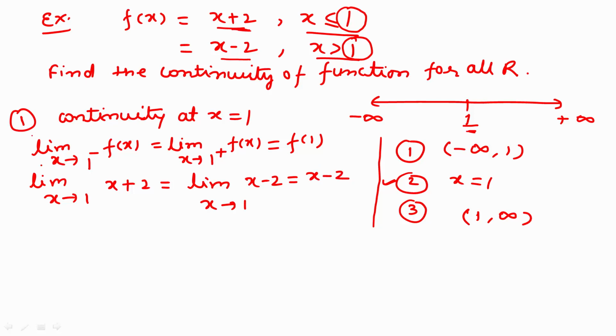So taking the limit, x plus 2 means 1 plus 2 is equal to 1 minus 2, put the value of x, that is 1 minus 2. 1 plus 2 is equal to 3, is not equal to minus 1, is equal to minus 1.